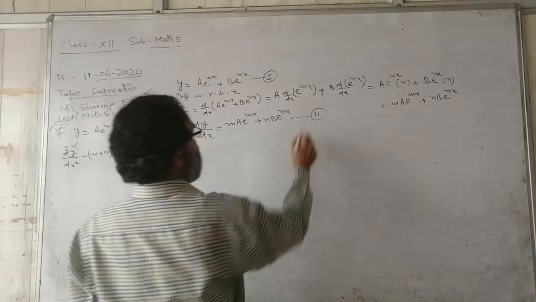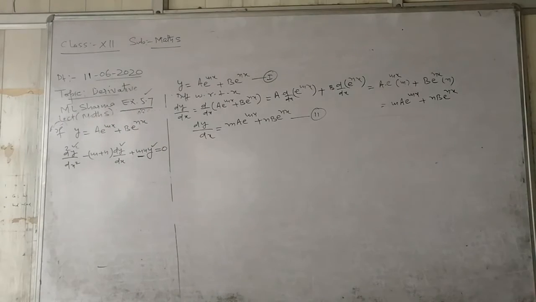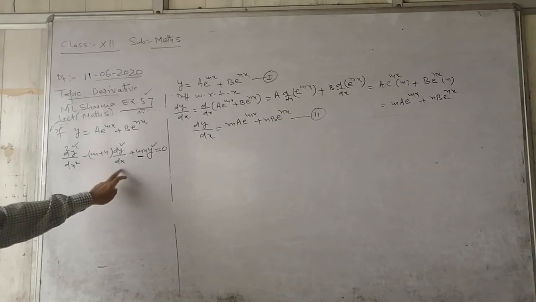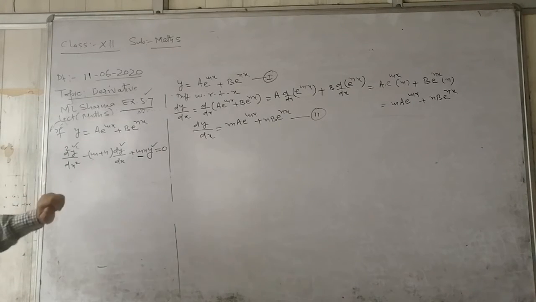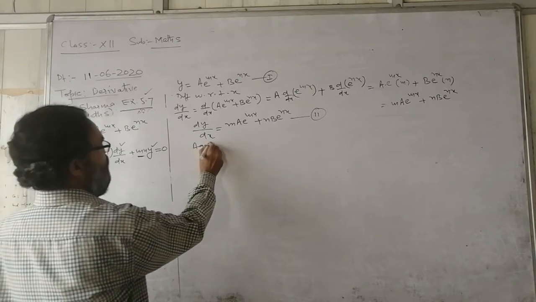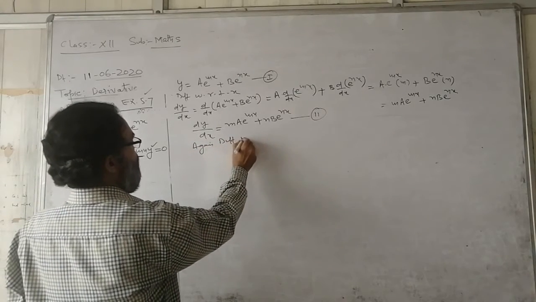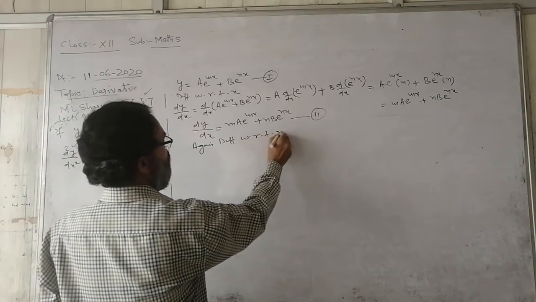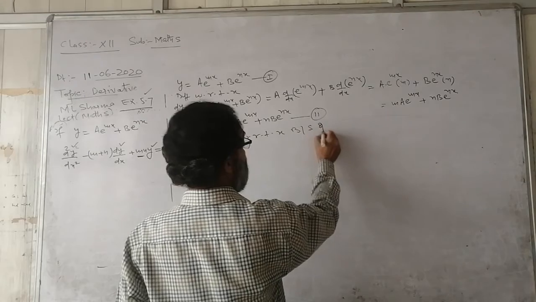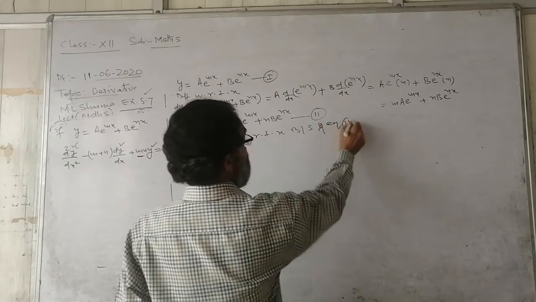Let this be equation second. So the value of dy/dx is known to me, I can substitute it here. Now I need the value of d²y/dx². For this, I again differentiate with respect to x both sides of equation second.